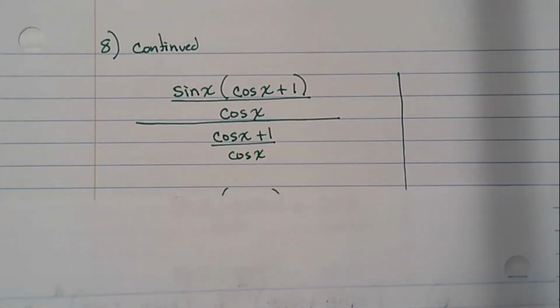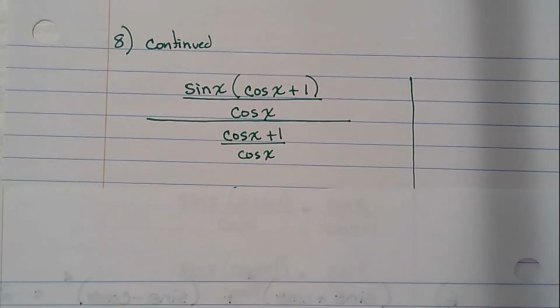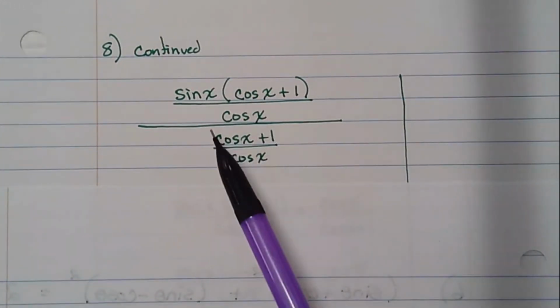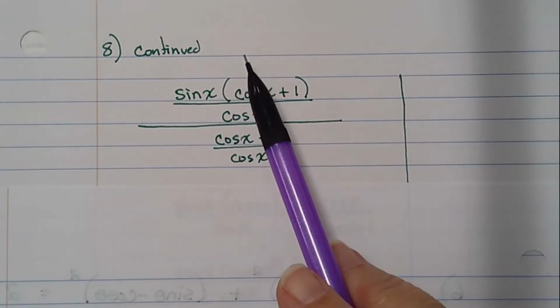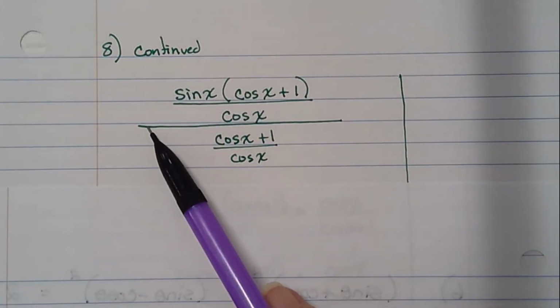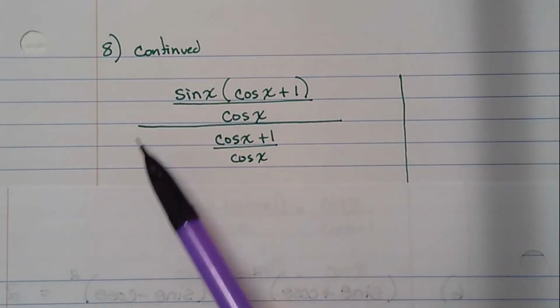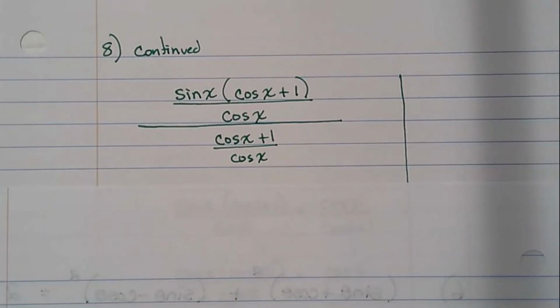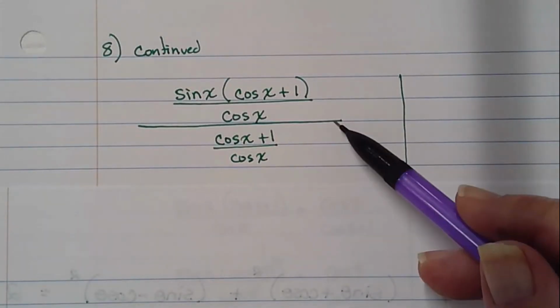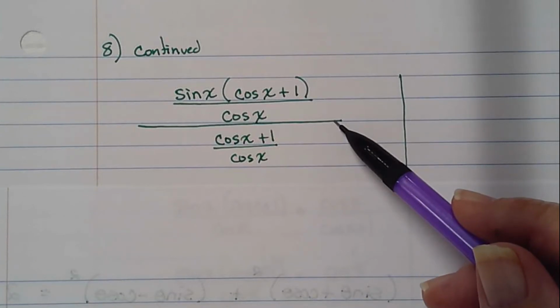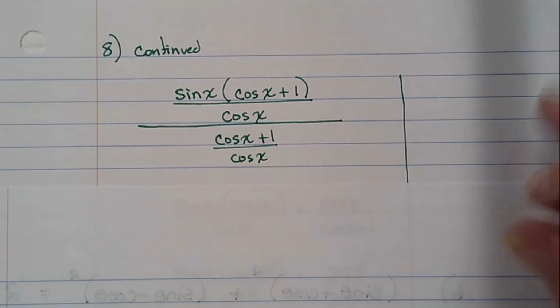So now from that last page, I'm going to take my sine x and factor out a sine x. At this point, I see that I have my main operation of division, and division means to multiply by the reciprocal.